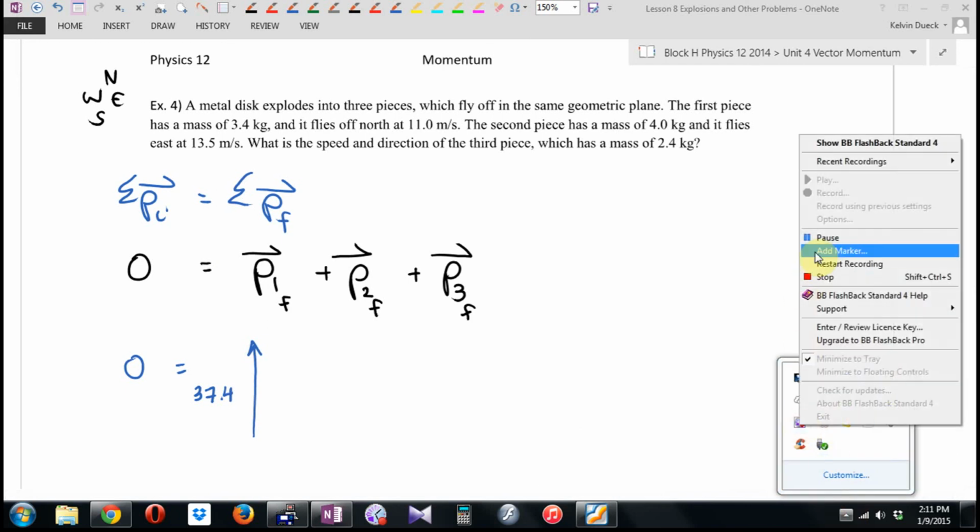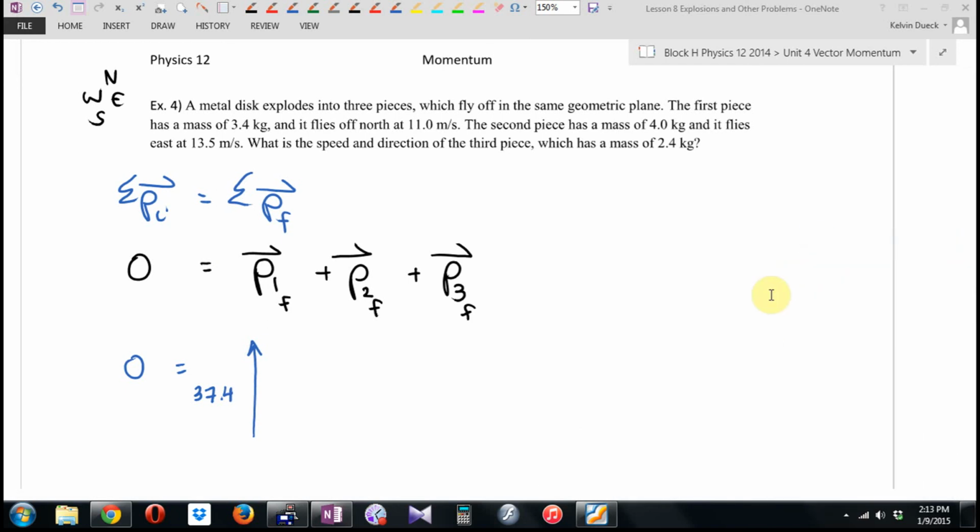Plus, what's the direction of mass 2? Oh, times by 4. I should be able to do that. That's times by 2 times by 2. 13.5 times 2, 27 times 2. Is it 54? Double check me. 13.5 times 4. 54? So when I draw it, I'll make sure I draw it longer than the 37.4.